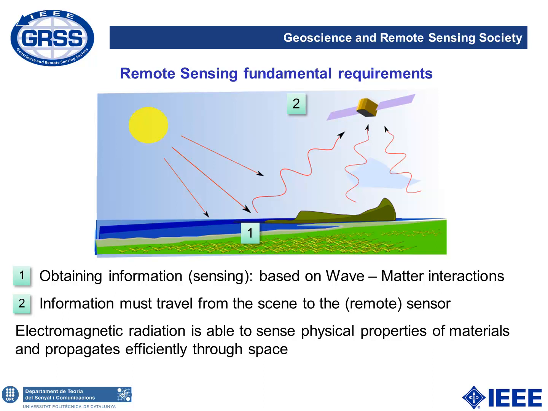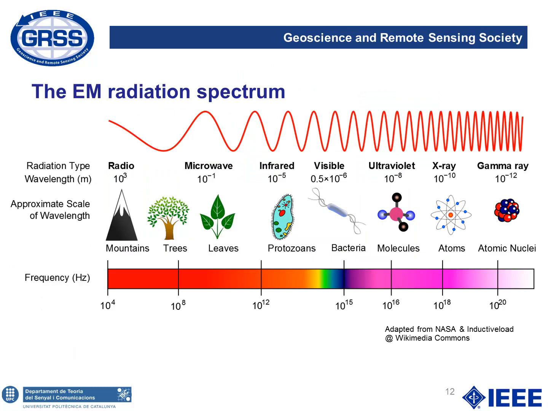And it happens that electromagnetic radiation is able to sense physical properties of materials, so it obtains information from those surfaces, and at the same time it propagates very efficiently through space, satisfying the two fundamental requirements of remote sensing. For this reason, most instruments are based on electromagnetic radiation.